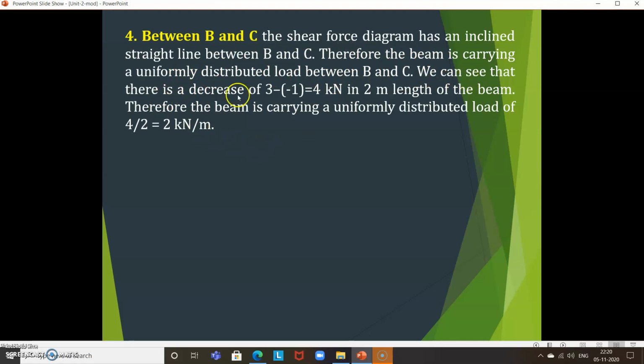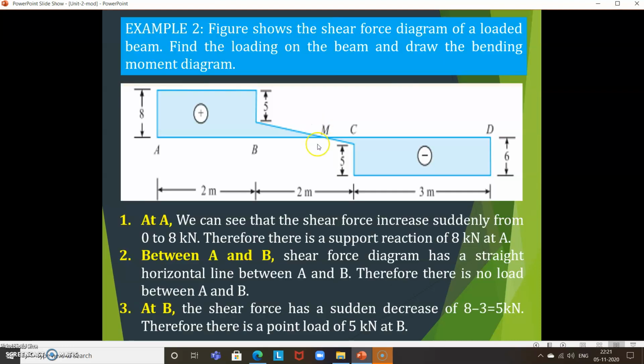You can see that there is a decrease from 3 to minus 1. Why? Till here the shear force is 6 kilonewton and till here it is 5 kilonewton, so the difference is 1 kilonewton. So here it is 3 kilonewton and here it is minus 1 kilonewton.